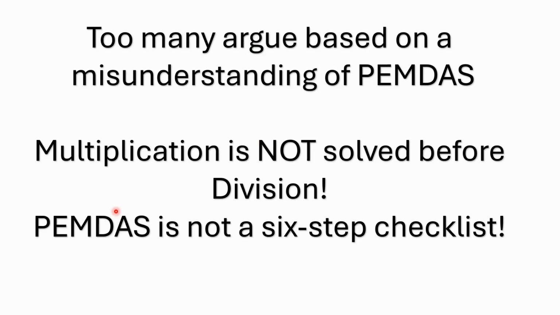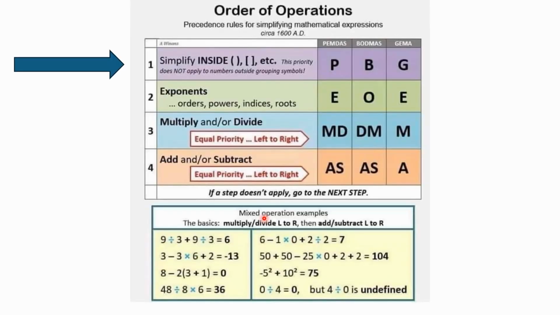And again, I'll just go back to this again. Too many still argue based on a misunderstanding of PEMDAS. In PEMDAS, multiplication is not solved before division. It's not a six-step checklist, guys. Again, this is a little bit better description of what PEMDAS is, showing you that the multiplication and division are on one level and the addition and subtraction are on a level.